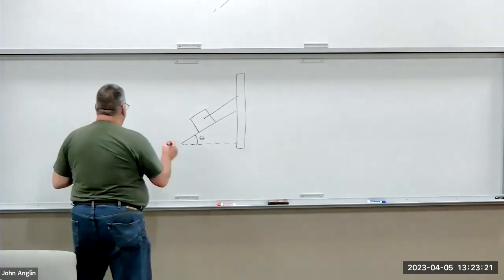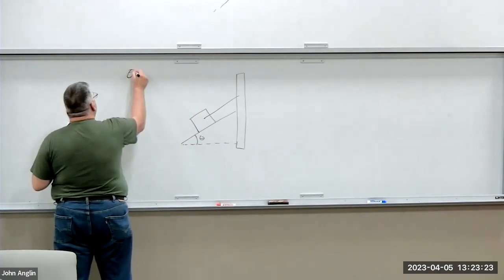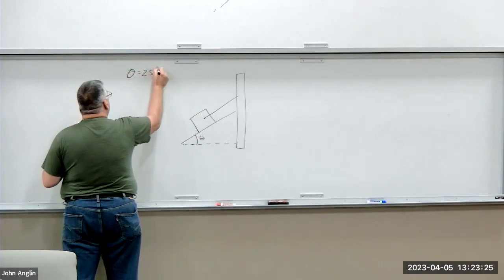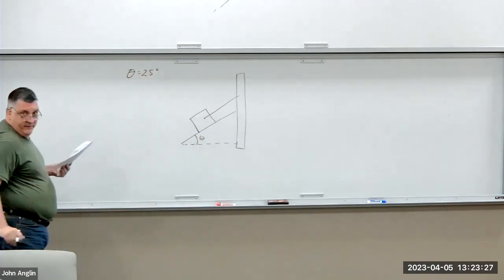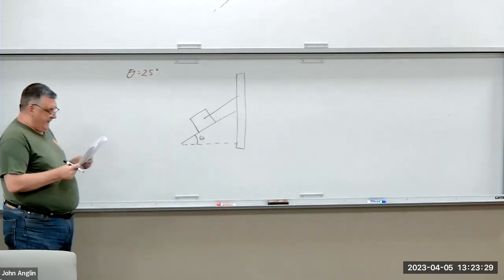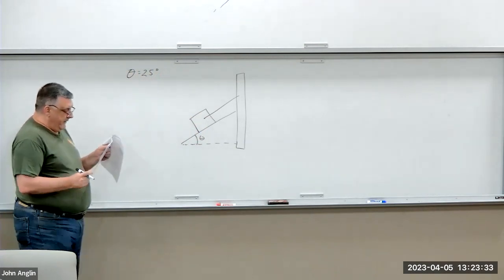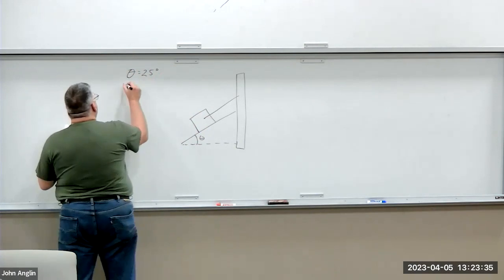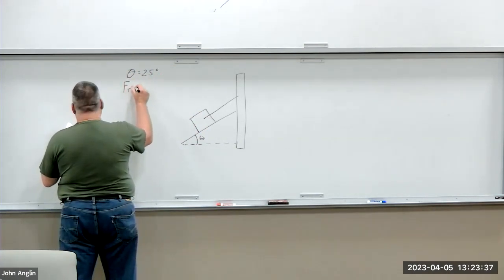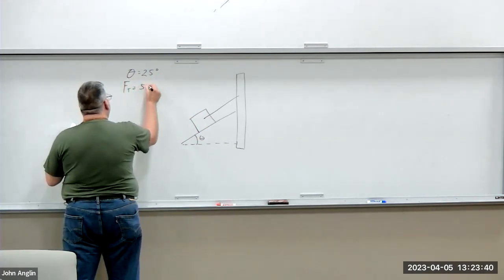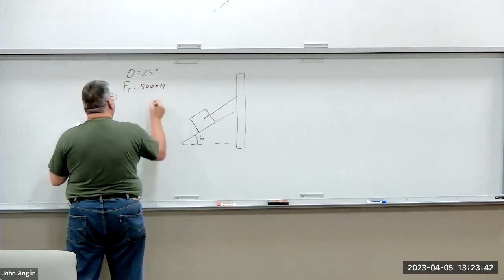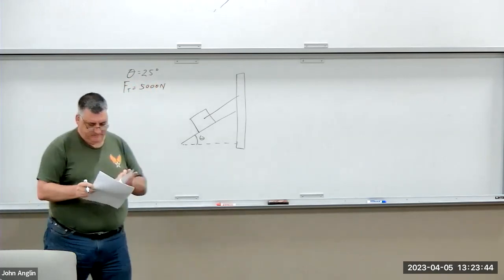So we're going to say that we know that our theta is 25 degrees, and this is a 25-degree incline. And we know that the force of tension in the rope is 5,000 newtons.